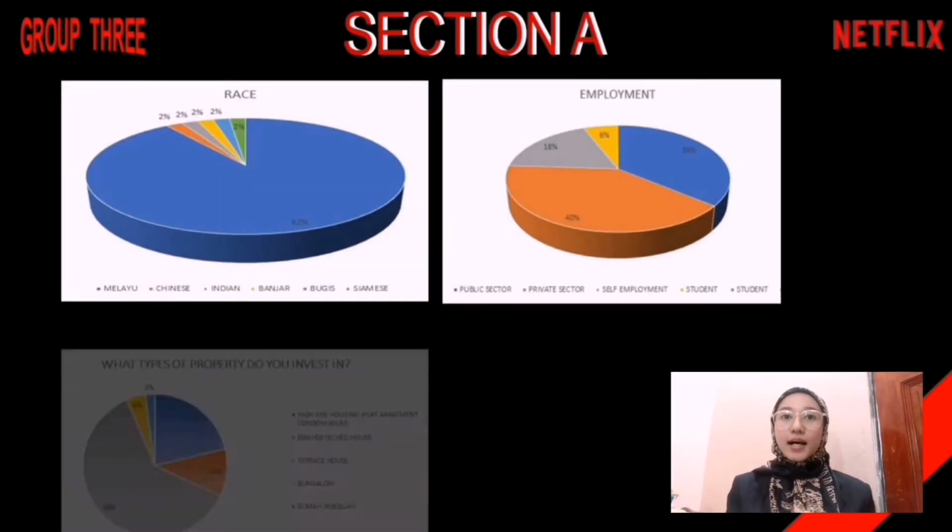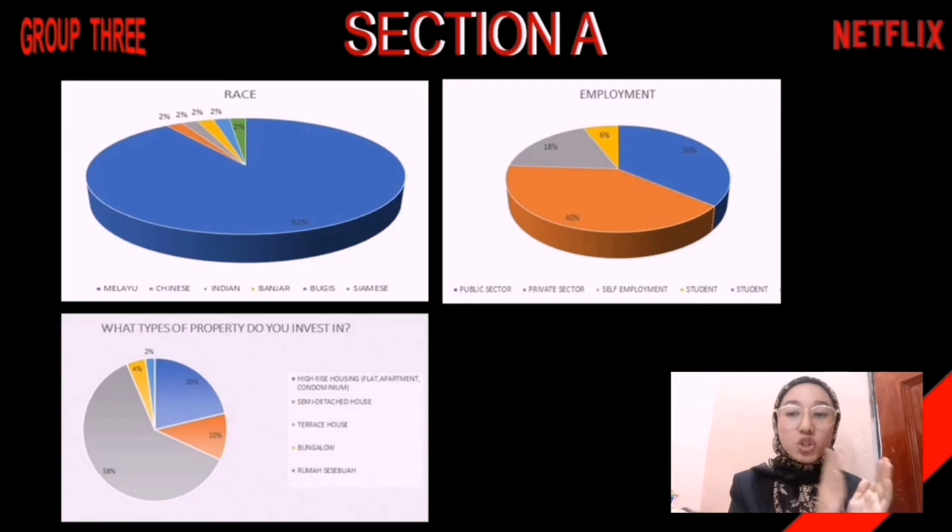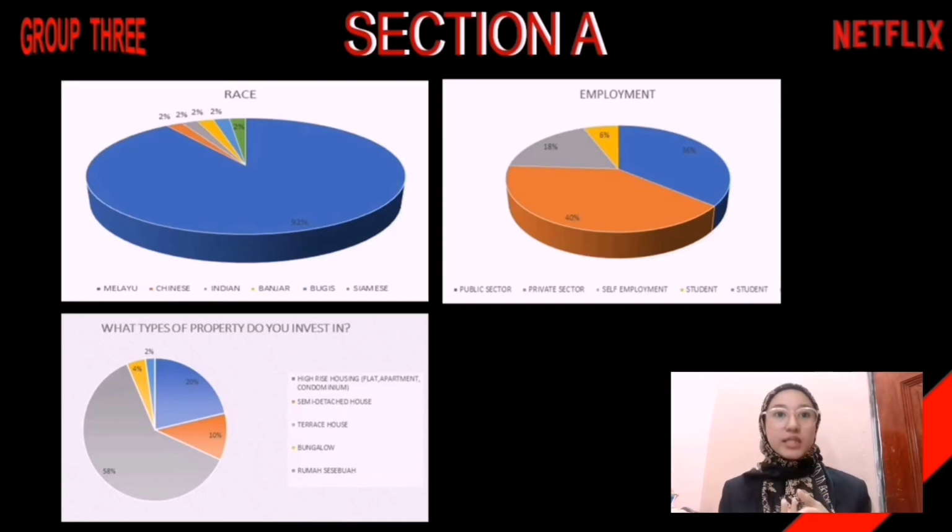For the race, this pie chart shows that the respondents who did this survey are mostly Malay, compared to Bugis, Indian, Banjar, and Siamese. Next is the types of property that our respondents invest in.